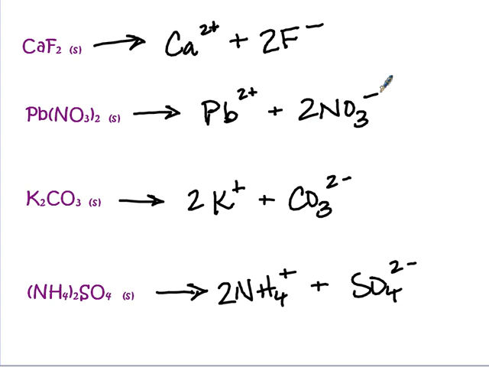And since I had two nitrates with their negative charges, we know that this bonds together so that the charge cancels. We have to have the same number of positives as negatives. And since I have two negatives over here, this lead must be a +2 charge to cancel out the two negatives of the nitrate.